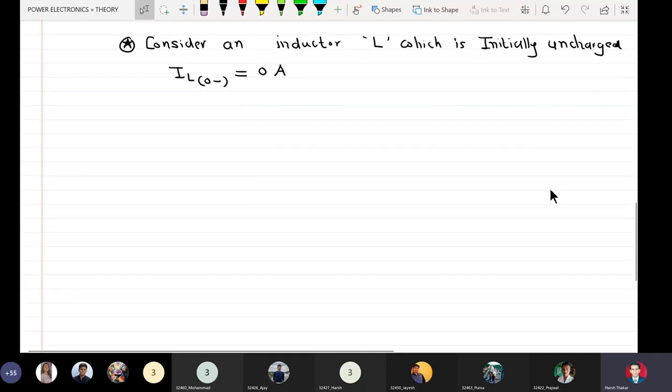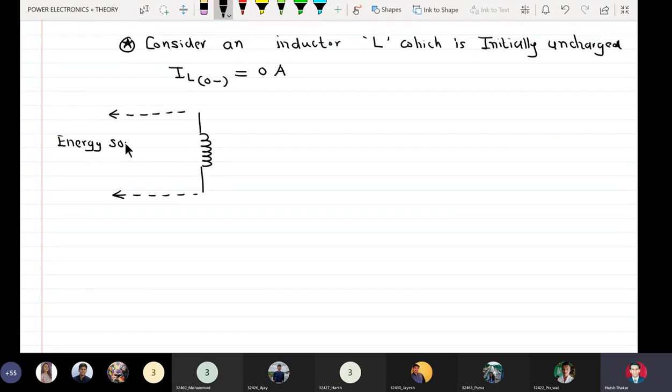Now suppose this is that inductor, and assume that this inductor is connected to some form of an energy source. It can be either AC or DC, anything.